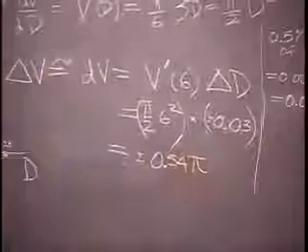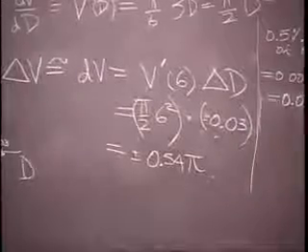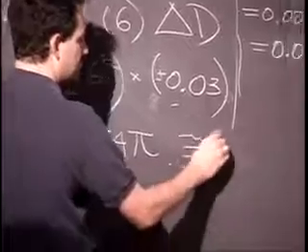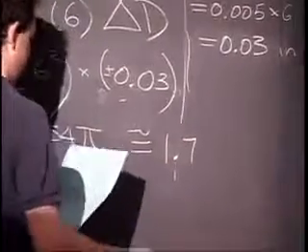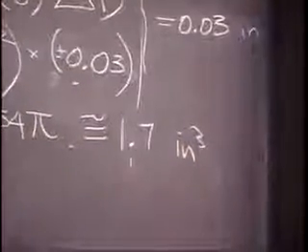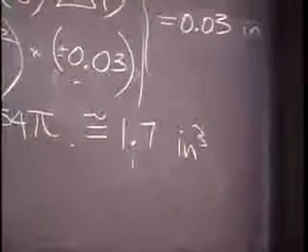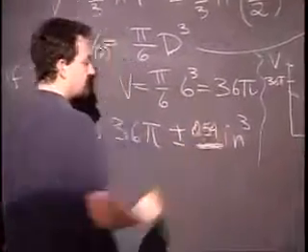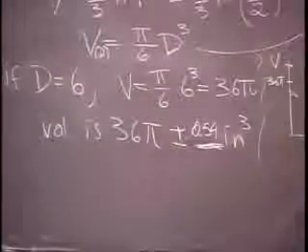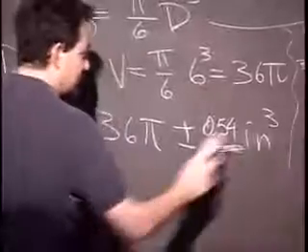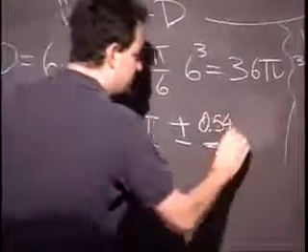That's the actual answer. And I computed this on a calculator, don't tell anyone, as about 1.7 cubic inches. So if I come over here, what I have shown is that the error is about 0.54 inches cubed. No, 0.54 pi, please. Got to have the pi there.